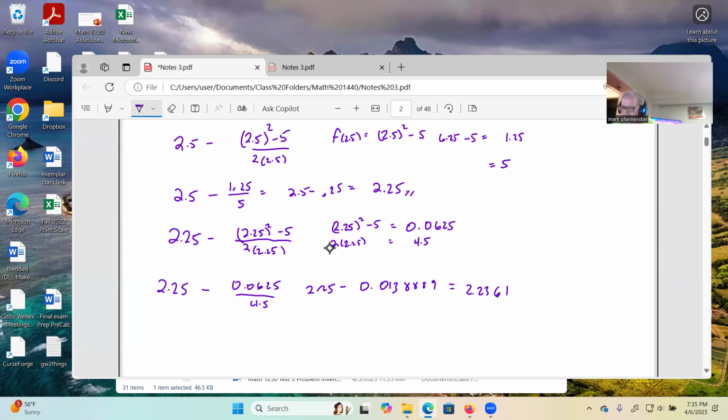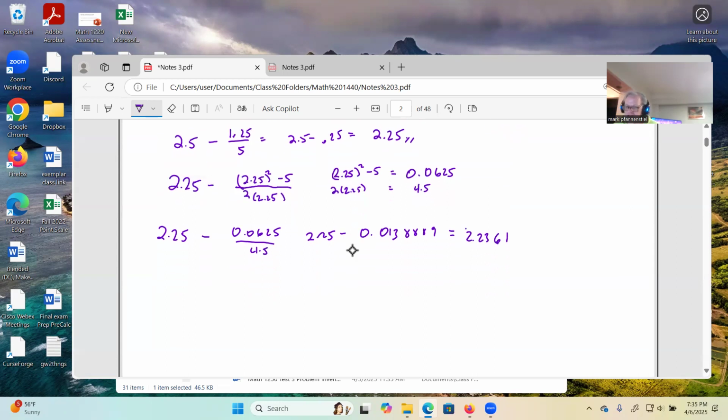Okay. Do we want to keep going? Sure, we do. So I'm going to take this number, plug it back into the equation, and do this thing all over again. So I have 2.2361 minus, and then here we have 2.2361 squared minus 5, all divided by twice 2.2361.